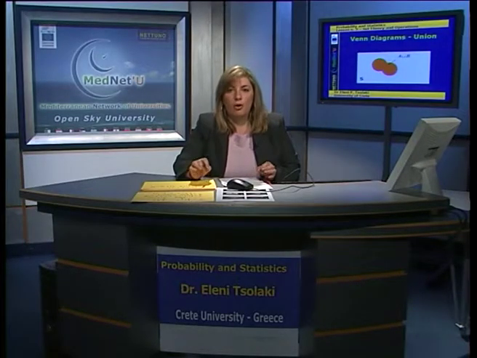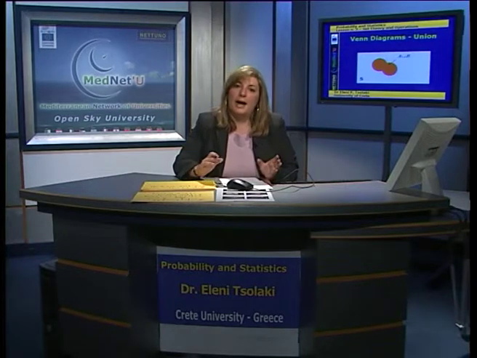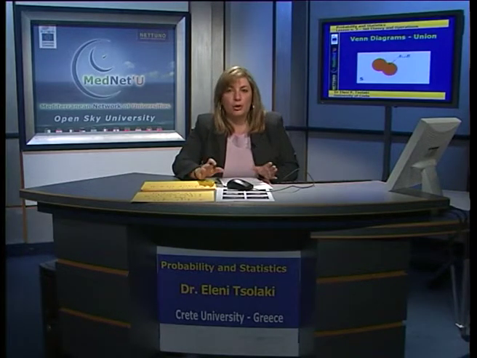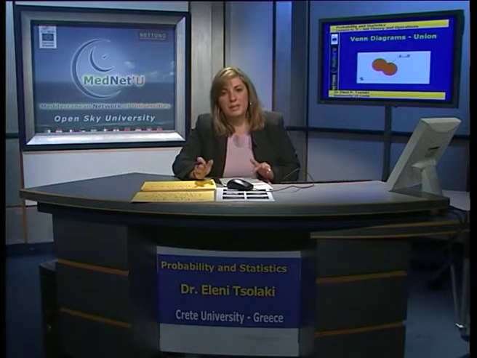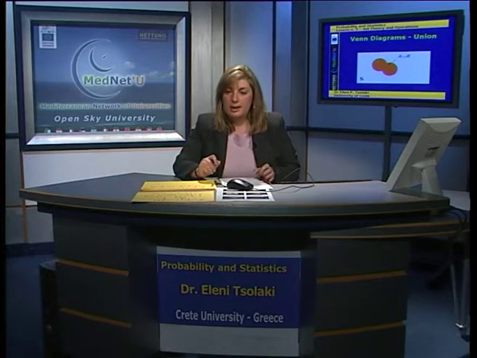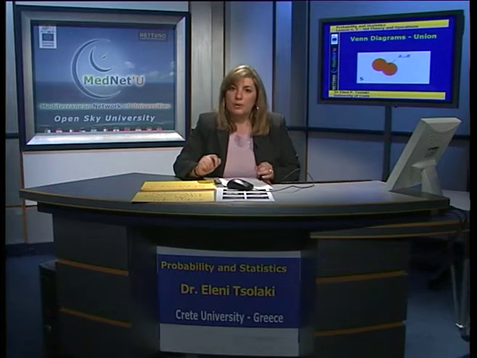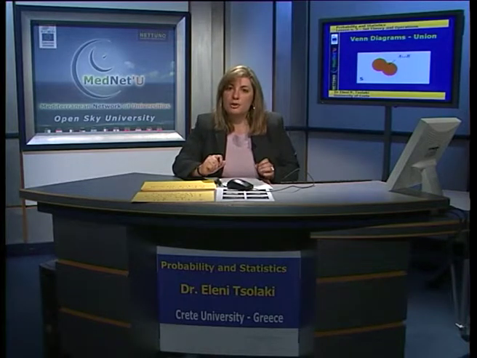When we say OR, we don't mean exclusively A or B, but not both. In this case, we mean that it could belong in A and B as well. Let's go back to our example and work the union of two events.